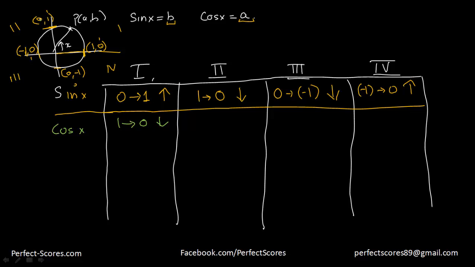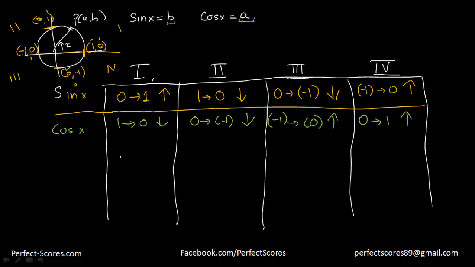Then from 0 all the way till negative 1, which means it's still going to decrease. Then it's going to increase from negative 1 till 0 in the third quadrant. And then from 0 till 1 it is going to increase.